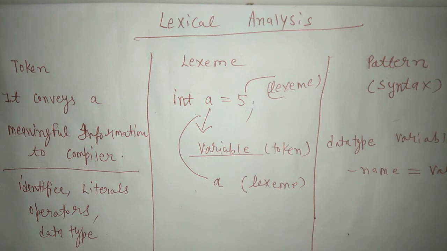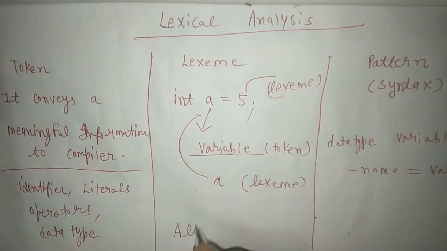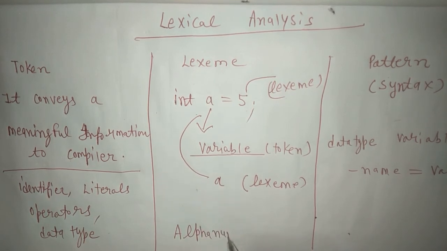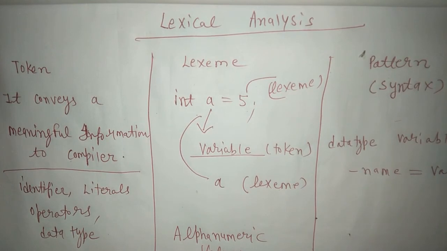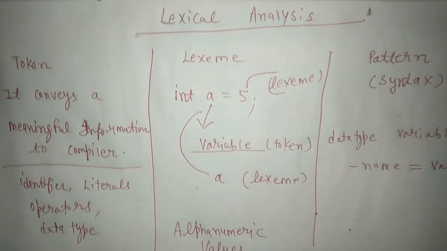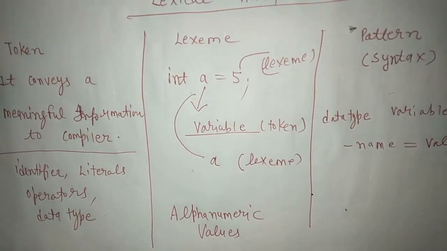In simple words, lexemes are alphanumeric values. Once again, alphanumeric values can be called lexemes. I hope you have understood the difference between token and lexeme.